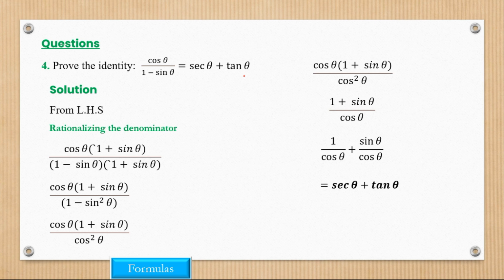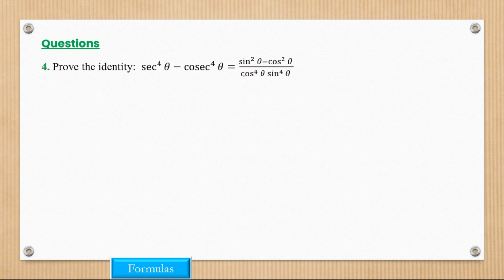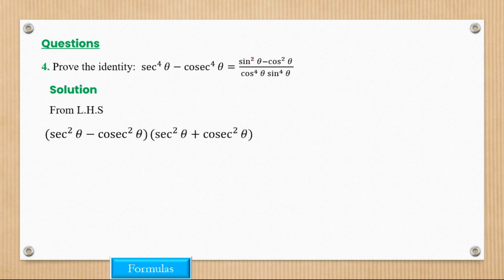Thus that is proved. Alright, next we have sec power 4 theta minus cosec power 4 theta. We want to prove that this will give us that. This can be expanded a little bit.